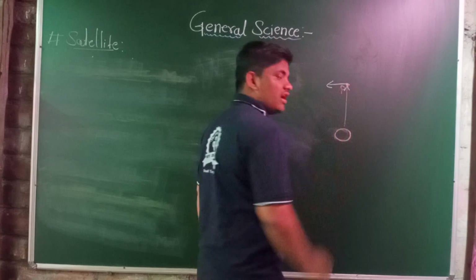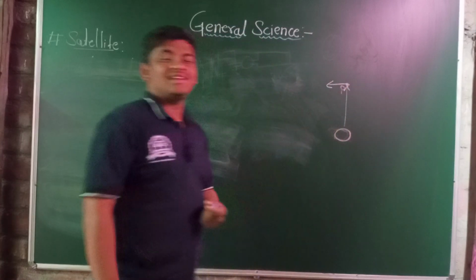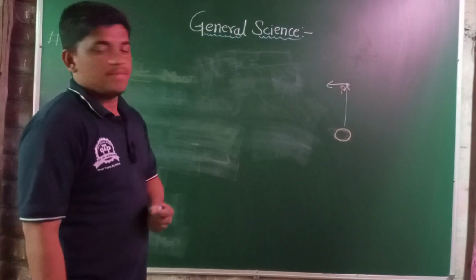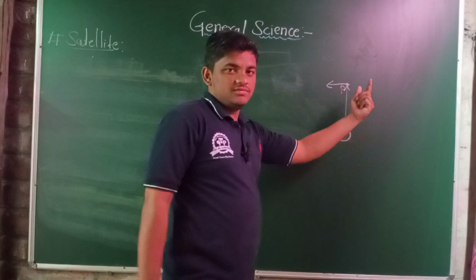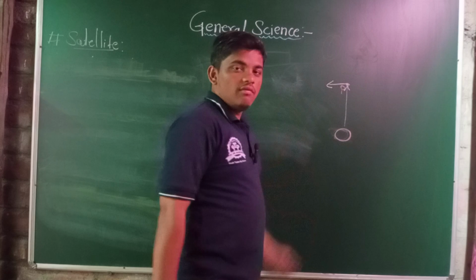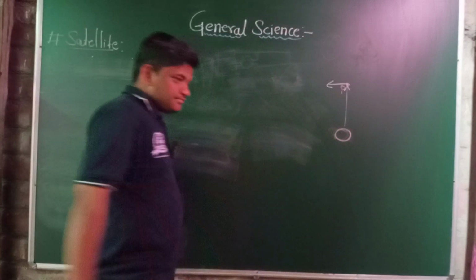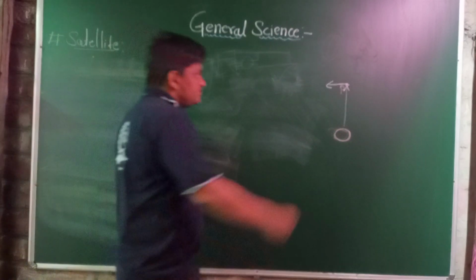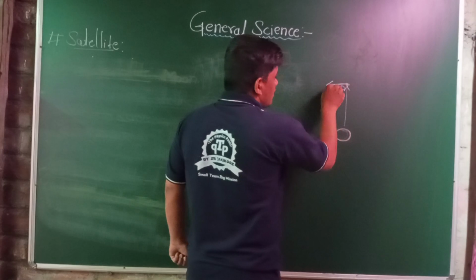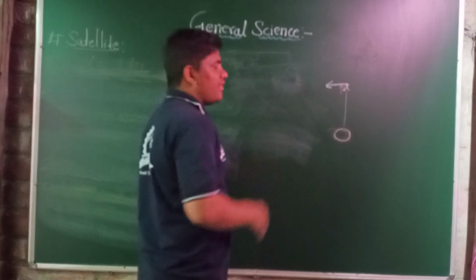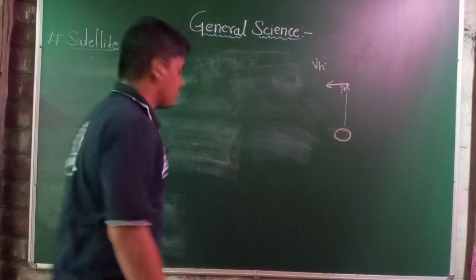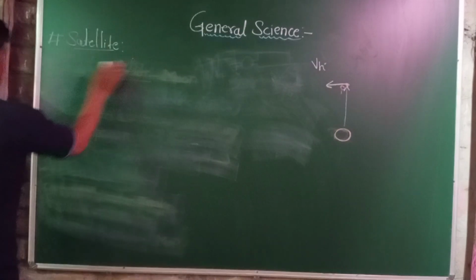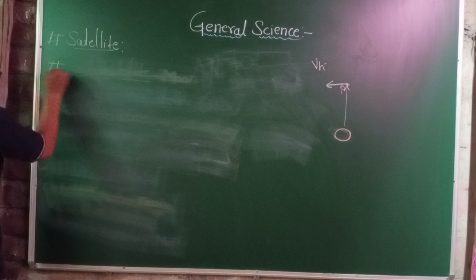This direction is the vertical direction, and this is the horizontal, or tangential, direction, and it makes a path revolving around the earth's surface. The velocity which makes the horizontal path is known as Vh, the horizontal velocity. Please take the heading: projection of satellite.